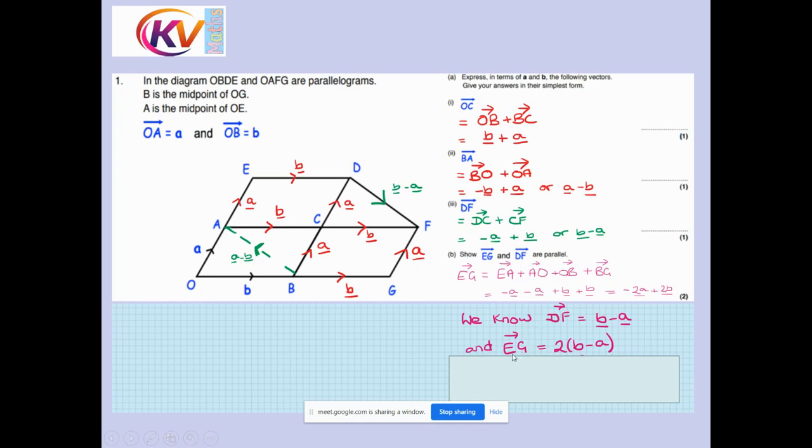And we now know that E to G is 2 lots of B minus A. If I rewrote this the other way around as 2B minus 2A, I can factorize the 2 outside to give me 2 lots of B minus A. At that point, I just need to state, because it's a multiple of DF, the vectors are parallel, and I would get the marks.